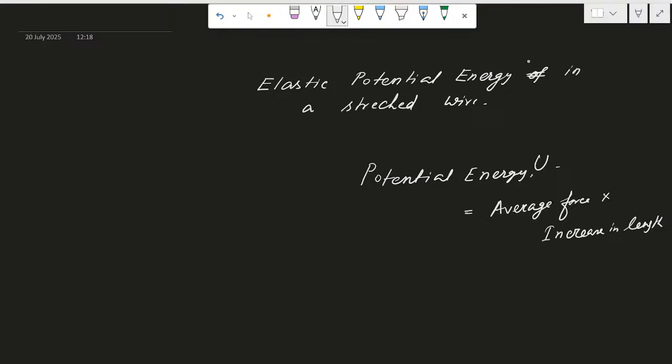Okay. So why do we say average force? Because if this is the initial condition of the wire, you have not applied the total force. Initially the force was 0. Now when you stretch it, the force is maximum F. So average force is (F plus 0) by 2, that is F by 2. So F by 2 into the change in length, suppose delta L. So I can say half into F into delta L is the potential energy in this case.